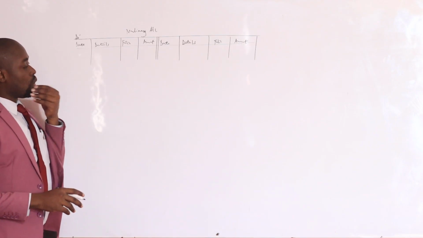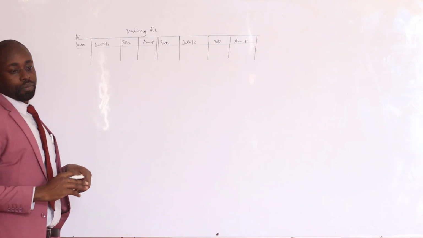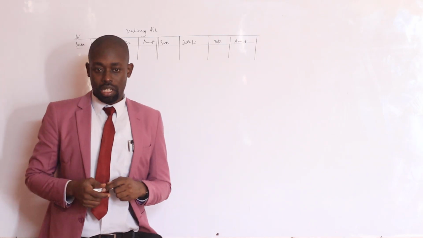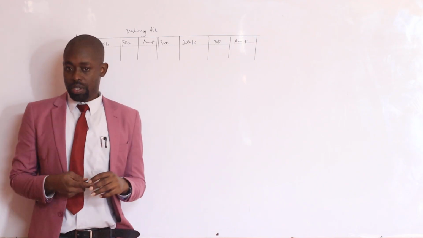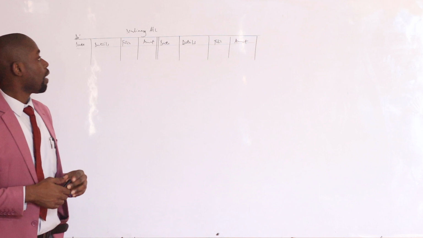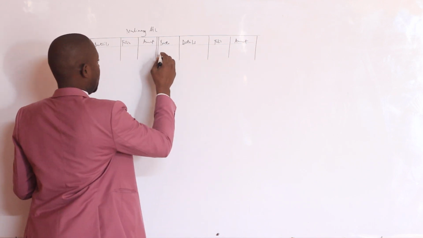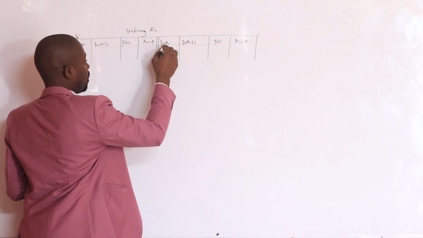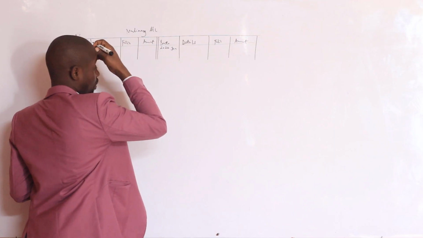Now, a ledger or an account has got 4 columns on either side. The first column is called date column. Date column is used to record the point in time when a transaction took place. And how do we record it? We normally begin by the year. An example, I'll say 2026, and then January, followed by what?